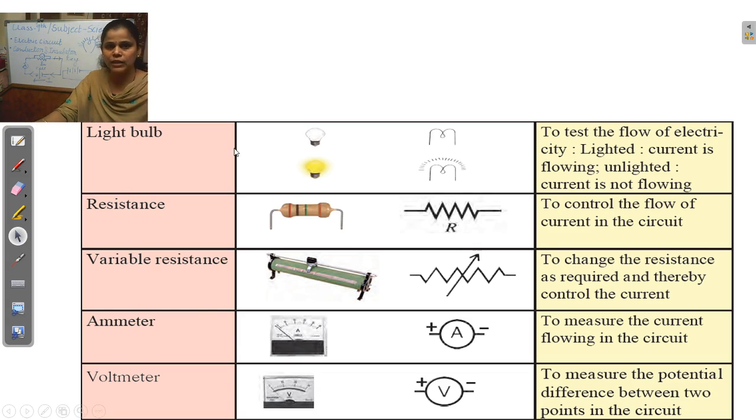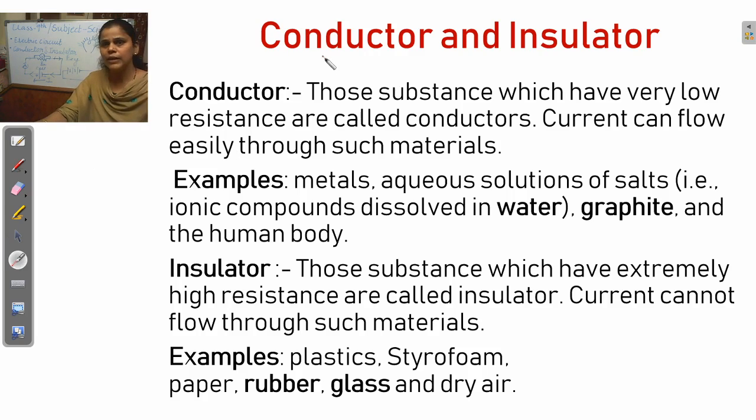Okay. Then next, conductor and insulator. What are conductors and what are insulators, student? Conductors are those substances which have very low resistance. That means the resistance is low in a conductor, so a conductor allows the flow of current through the conducting wire.